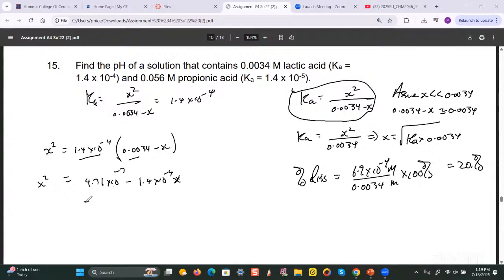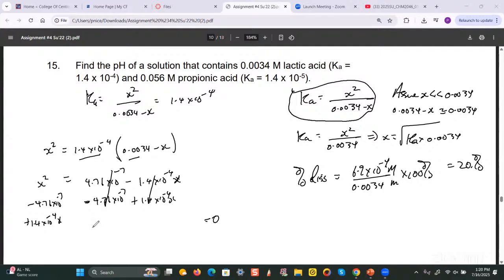So the way we do that is that we subtract 4.76 times 10 to the minus 7 from both sides. And then we add 1.4 times 10 to the minus 4 X to both sides, so that these two will go, so you're going to end up with 0 on this side.